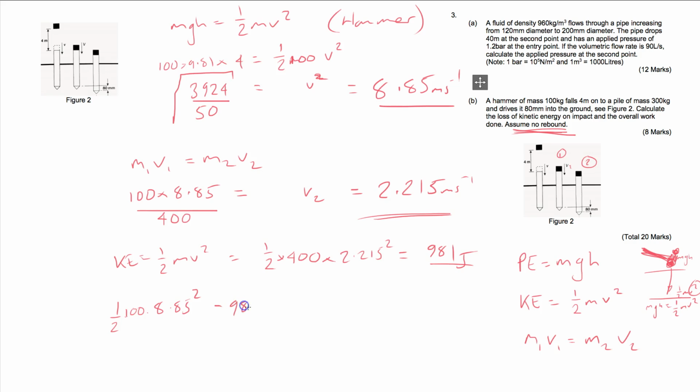If we take the second kinetic energy away from the initial kinetic energy, we should have a value. So let's process that. 8.85 squared times 50 becomes 3916, minus 981, which equals 2935.125 joules. That's the loss.